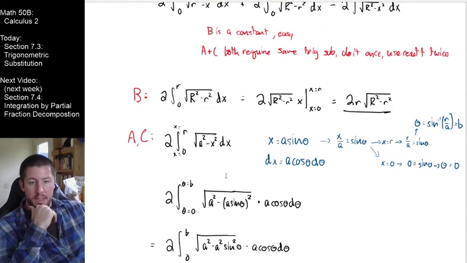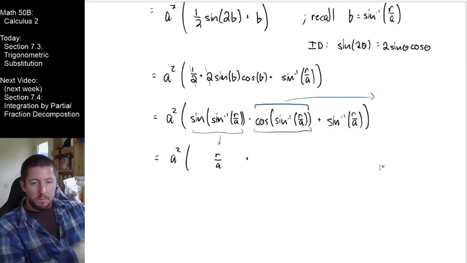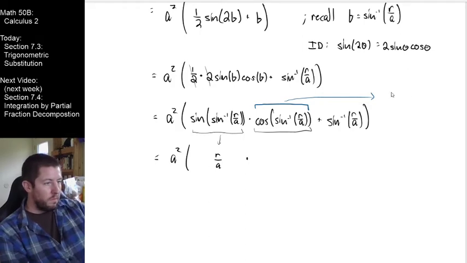I've forgotten everything because this is so long ago. x equals a sine theta, or even maybe better for me, x over a equals sine theta. So our original substitution was exactly this, just ever so slightly algebraically modified.